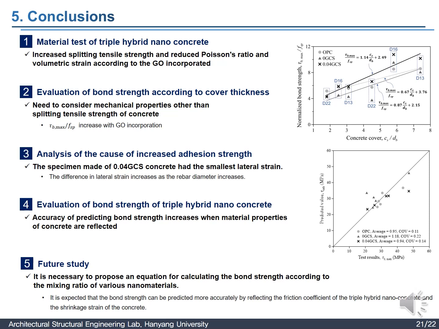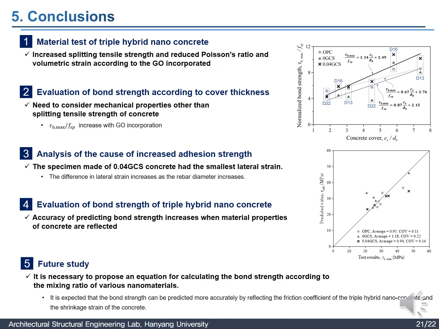Next, the bond strength was evaluated according to the cover thickness. As the cover thickness increased, the slope of bond strength changed, and accordingly, other effects besides the material strength should be considered when evaluating the bond strength of a triple hybrid nanoconcrete.